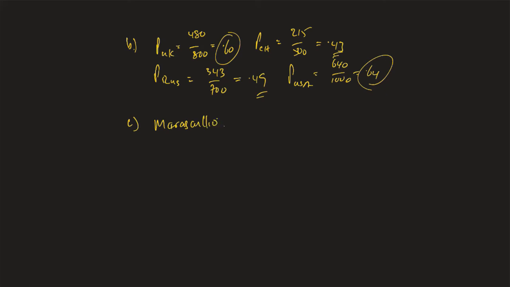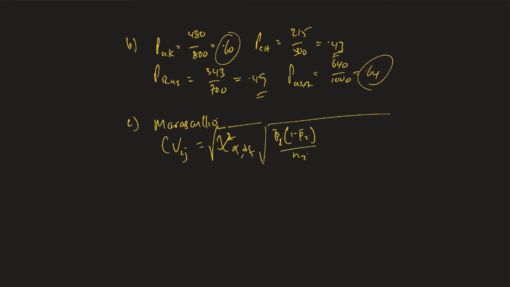what we do is we do pairwise comparisons. We have to calculate CV, the critical value, which is the square root of chi-squared alpha df, times the square root of P bar i, 1 minus P bar i, over Ni, plus P bar j, 1 minus P bar j, over Nj.